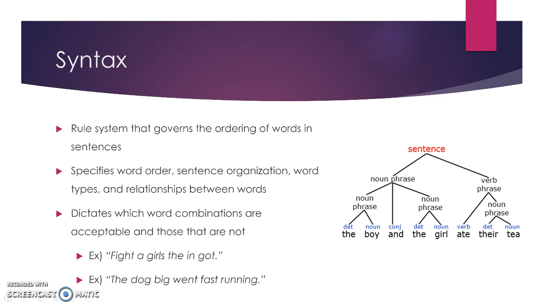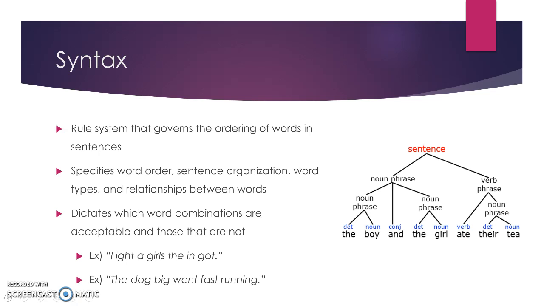And so this deals with the word order, how the sentence is organized, the different types of words, and the relationships between words. And syntax decides which word combinations are acceptable and which ones are not.